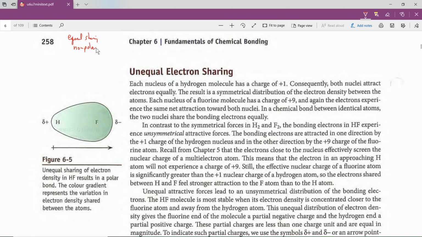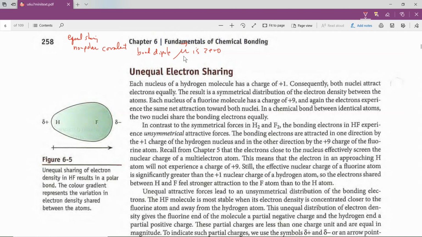Some books just call it pure covalent. I like to call it non-polar covalent. It means there isn't a positive and a negative end to the bond. We say that the bond dipole, mu, the little vector arrow on it, is 0 if we have equal sharing. The positive and negative ends of the molecule coincide if we're talking about a molecule. But in terms of a bond, we say that the bond dipole is 0.